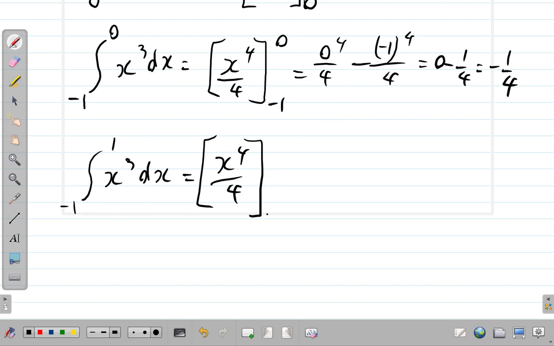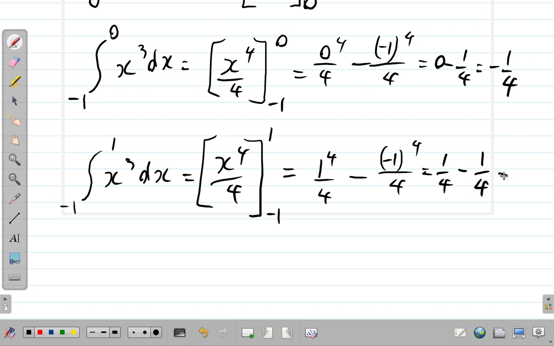We are integrating from -1 to 1. This is 1 raised to the 4 divided by 4 minus negative 1 raised to the 4 divided by 4. 1 to the 4 is 1, so this is a quarter, minus negative 1 to the power of 4 is 1, so this is a quarter. A quarter minus a quarter is 0, just as we expected.